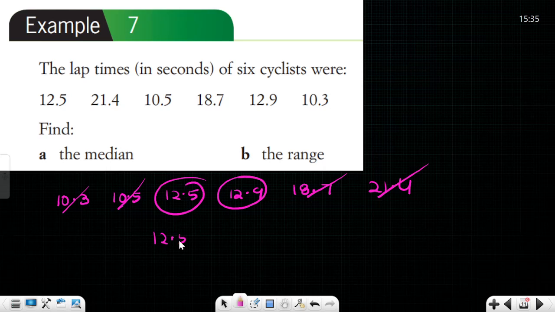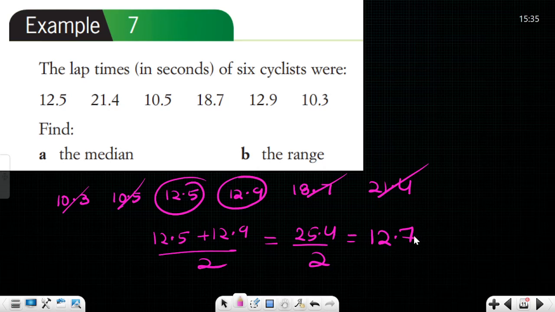So 12.5 and 12.9 came. To find the median, we take the average. 12.5 plus 12.9 is 25.4, divided by 2 is 12.7. So 12.7 is the median for this data.